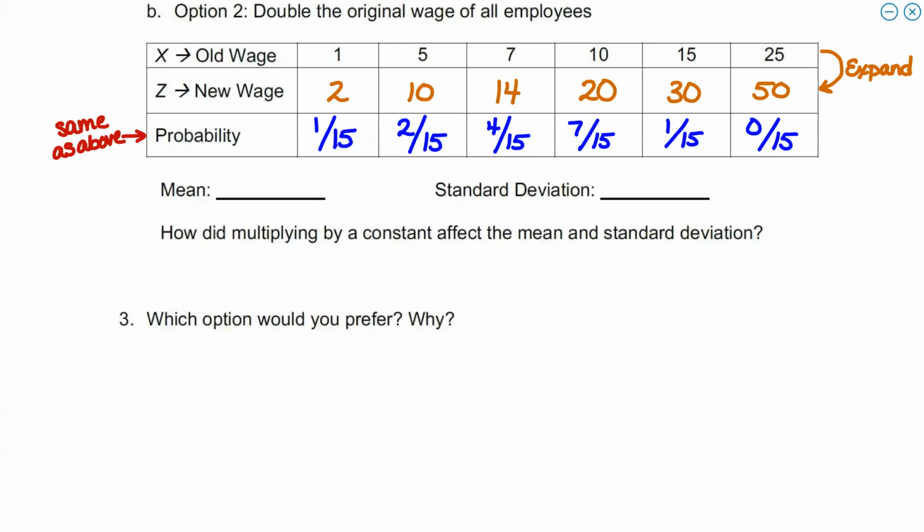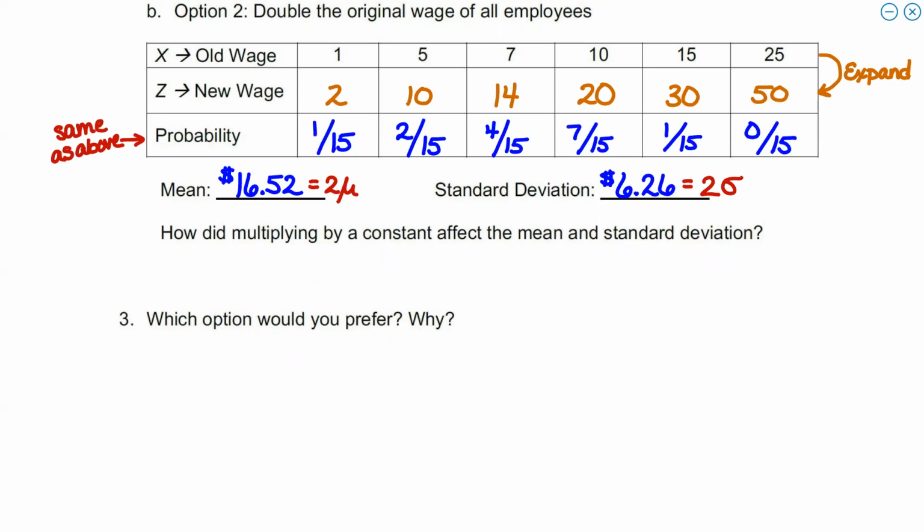Did this get more spread out, or did it stay the same? It got more spread out, so that absolutely will affect my standard deviation. How do you think it will affect the standard deviation? Double it. Look at just what happened to my range. You said it was 24 before, right? What's the range now? 48, which is double my old range, right?